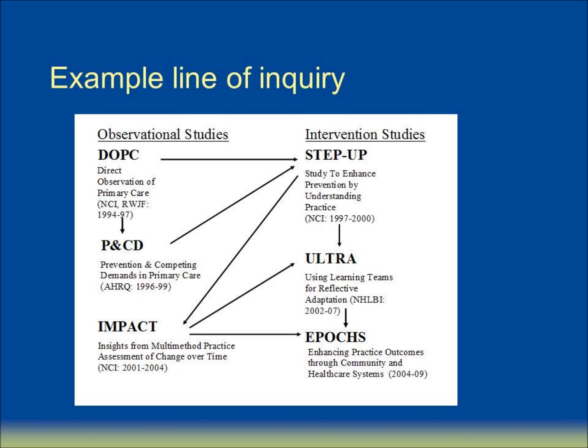But based on the very early draft, we realized that we really didn't know enough to conduct an intervention. What we really needed was some basic information about what was going on within practices and how things were happening. What I want to point out is that on the left-hand side are observational studies, and on the right-hand side are intervention studies.